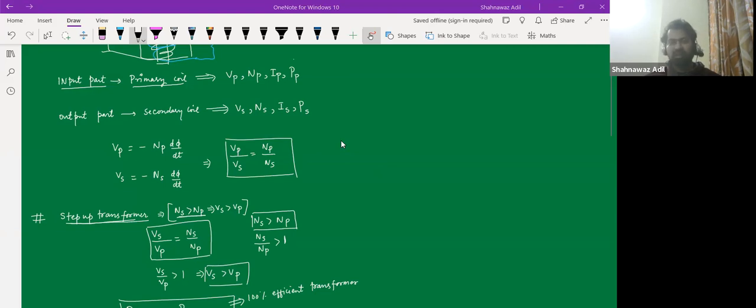What do you mean by transformation ratio? It tells you how much voltage you are getting in the secondary coil, if there is no flux leakage. In that sense, you can say what the voltage in the secondary coil would be.